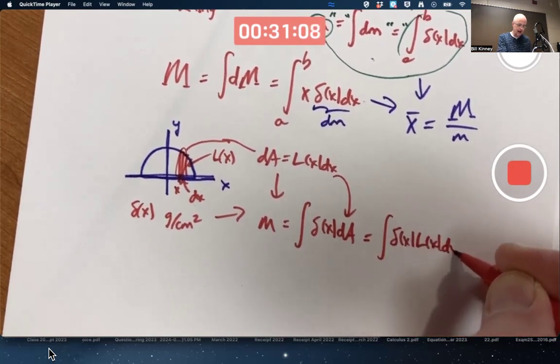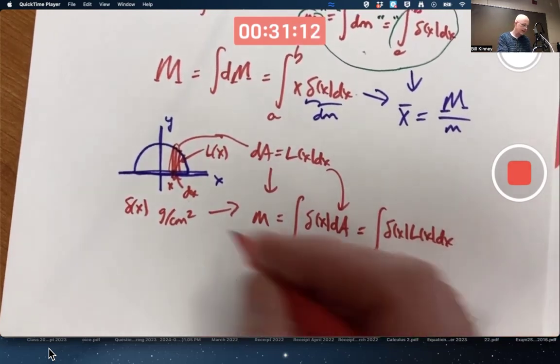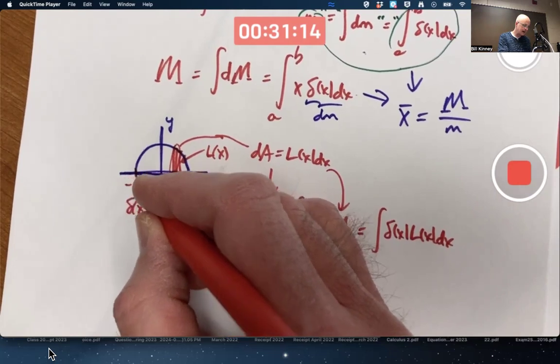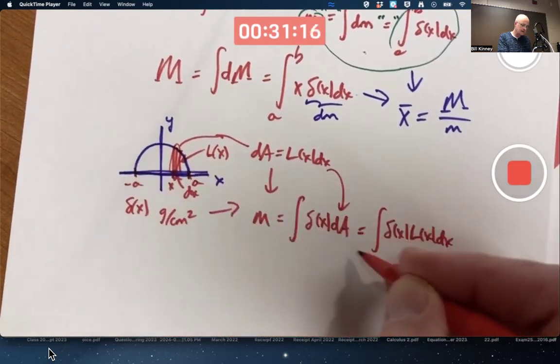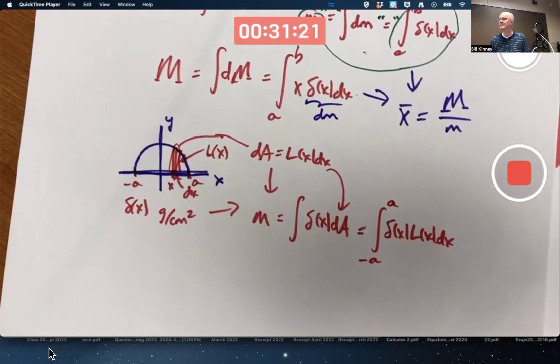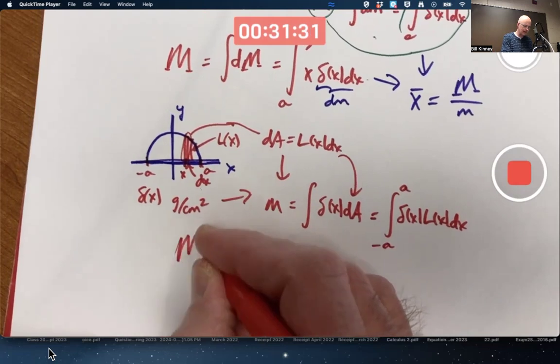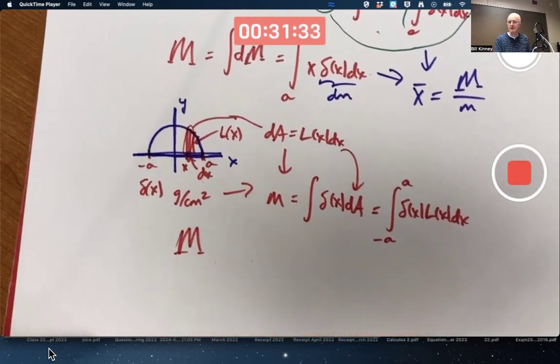This is the integral you'd have to do from A to B. In this case, say negative A to positive A. That would be the mass. In general, it might be from some value x equals A to some value x equals B. And the moment, capital M, would be the same integral except also multiplied by x before you integrate.